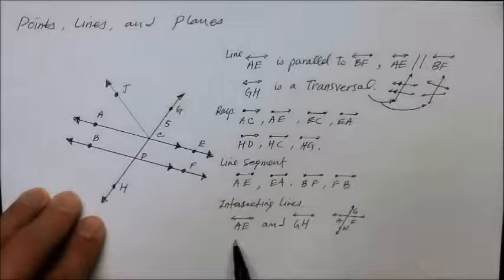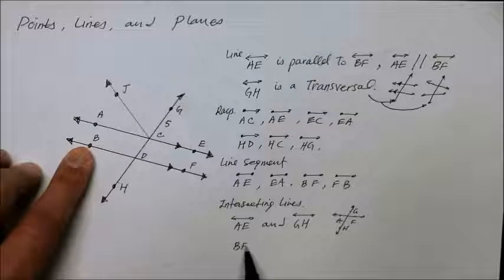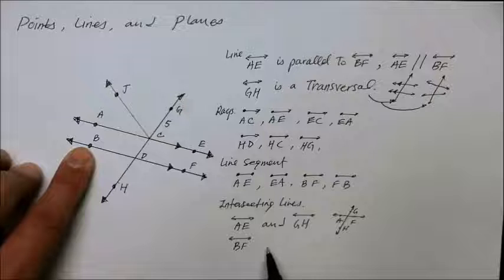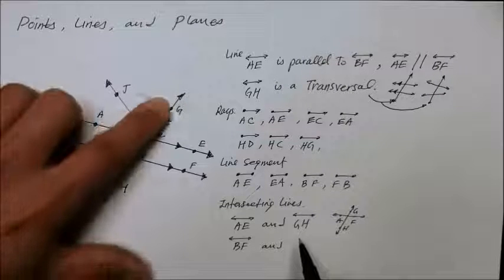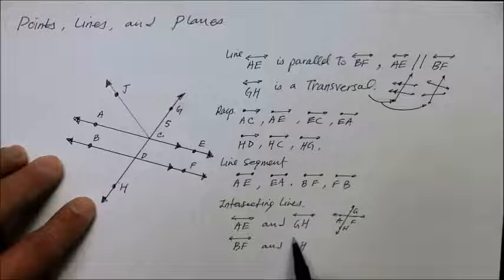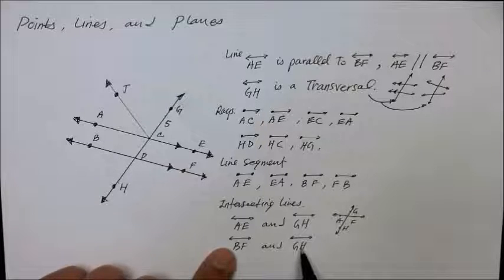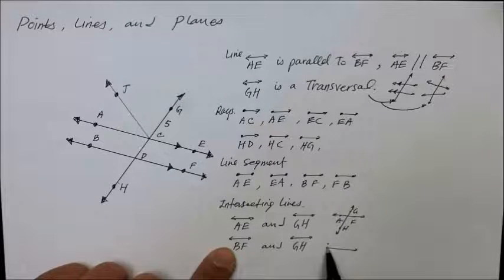So same is true if you say BF. The line BF and the same GH again, they're also intersecting lines. This time it's going this way. Instead of AE, it's going to be BF, and this time H and G, if you can see that.